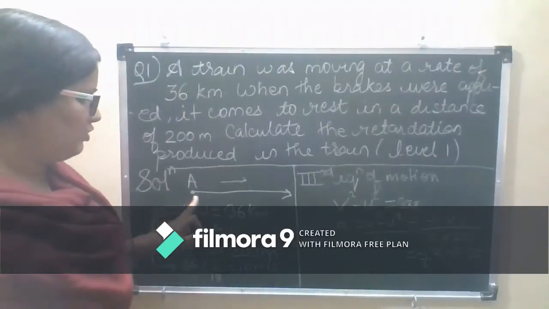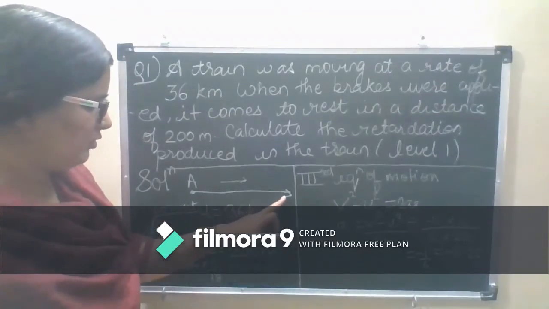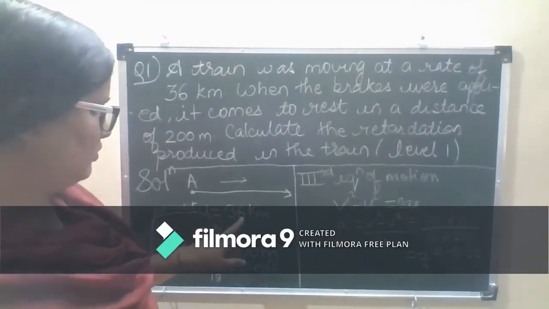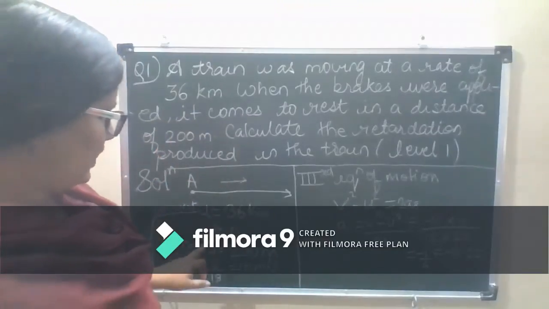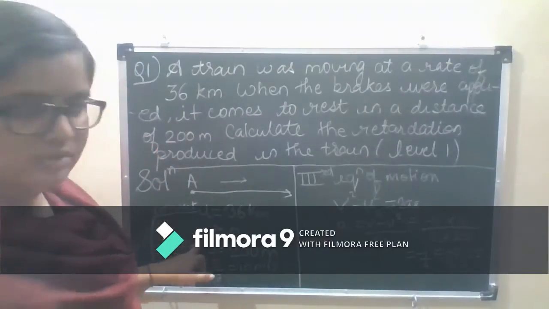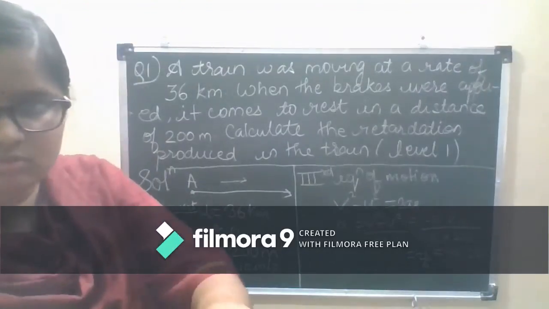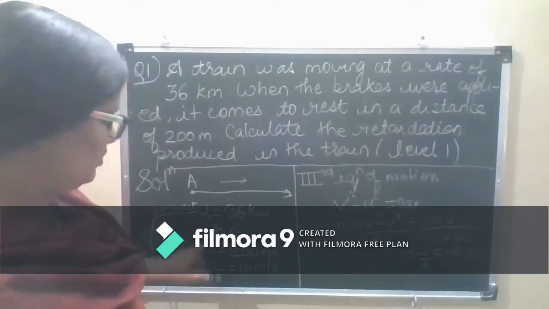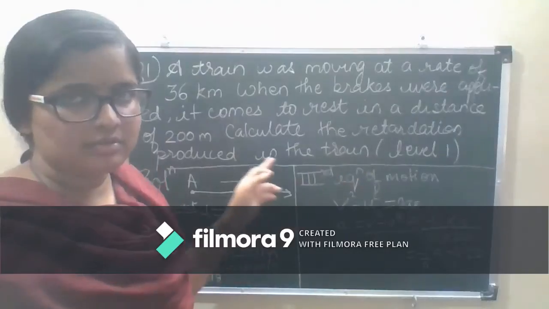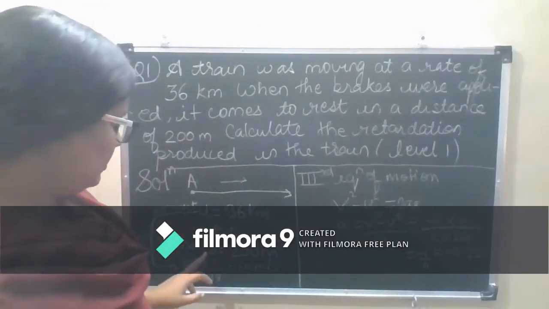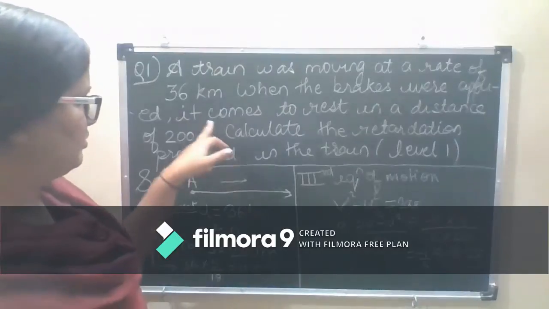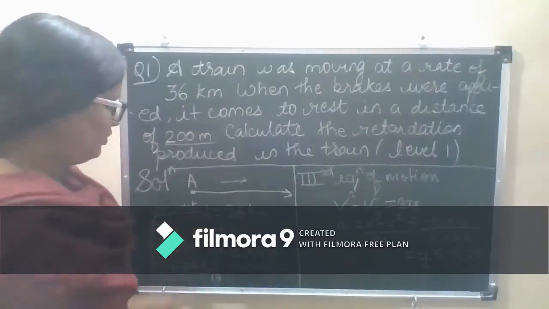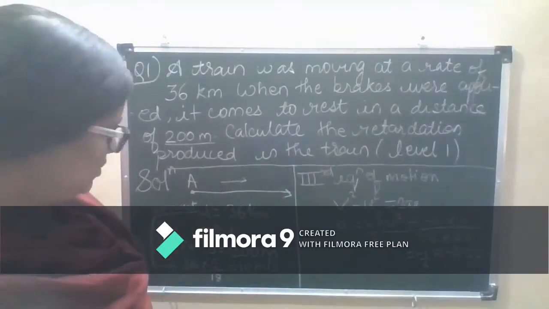Consider the train is moving in this direction and u is given, which means the initial velocity is 36 km per hour and the final velocity will be 0. Then at the end of the entire journey, s is equal to 200 meter. Then we have to calculate the retardation.